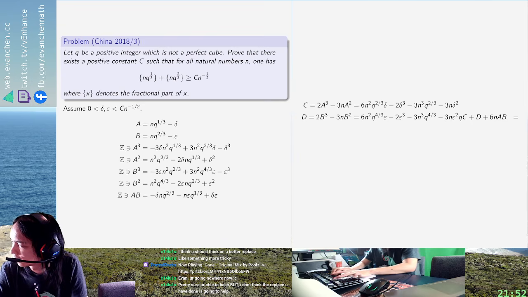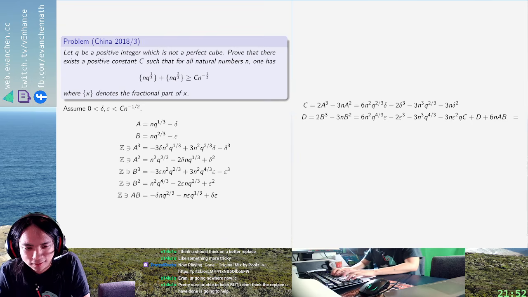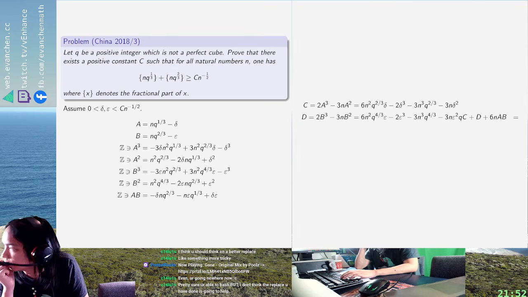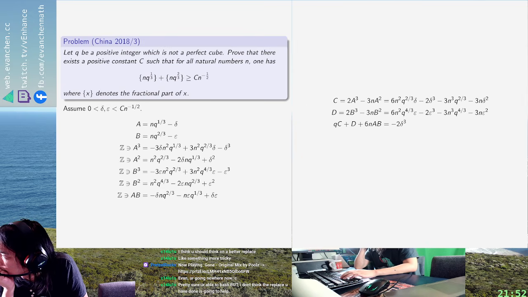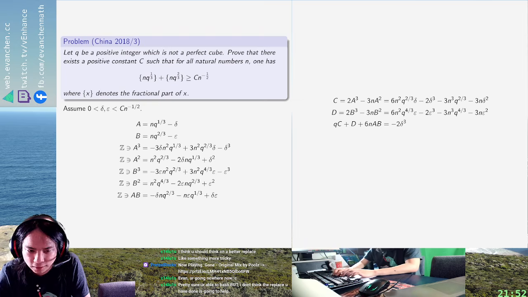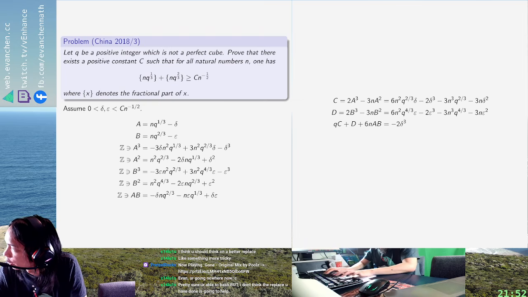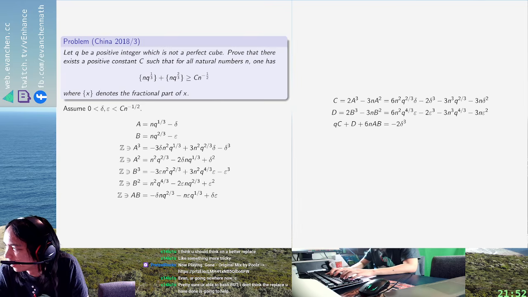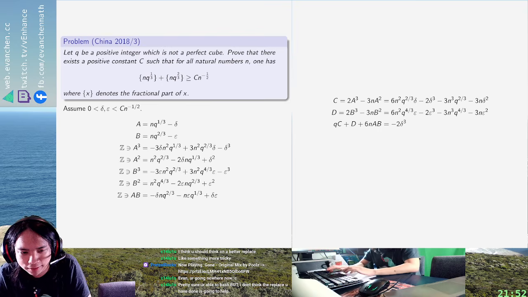Minus 2 delta cubed times q. Minus 3n cubed q to the 5/3. Minus 3n cubed delta squared. Minus 2 epsilon cubed minus 3n cubed q to the 4/3 minus 3n epsilon squared.